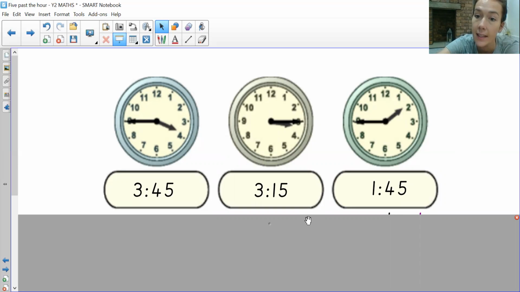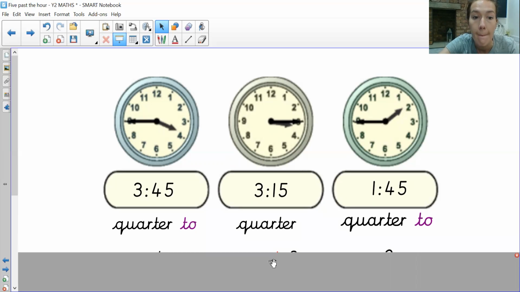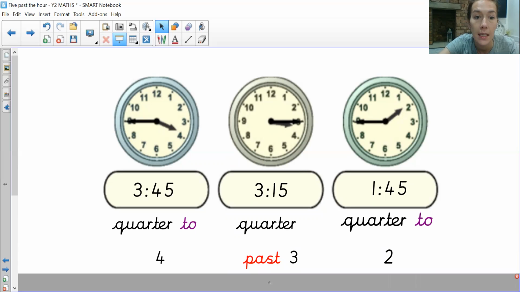And finally, 1:45, which can also be written as quarter to 2. So we've got quarter to 4, quarter past 3, and quarter to 2.